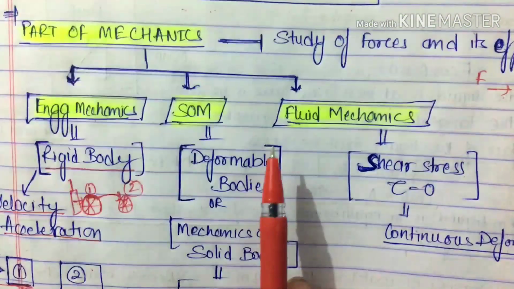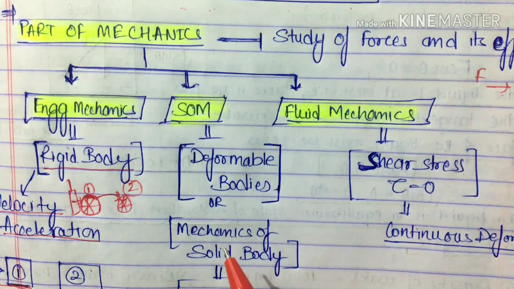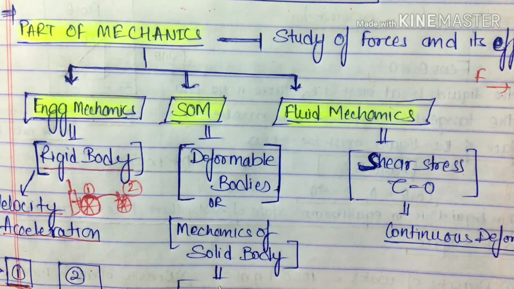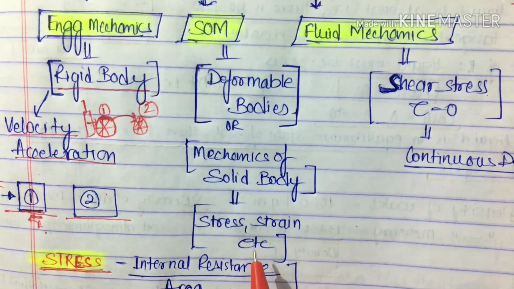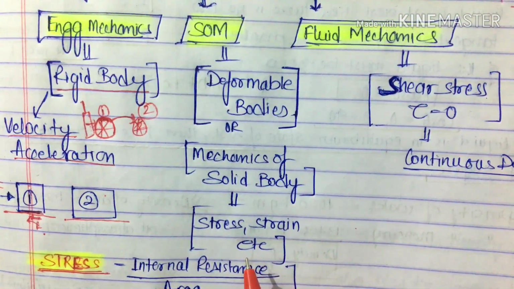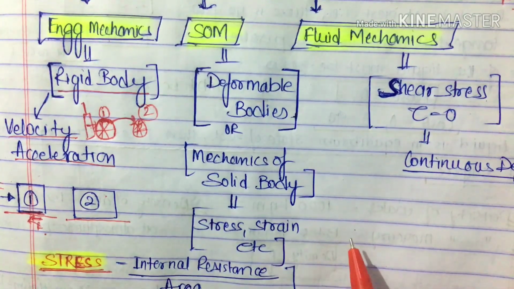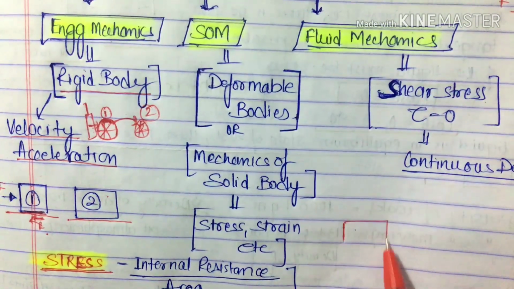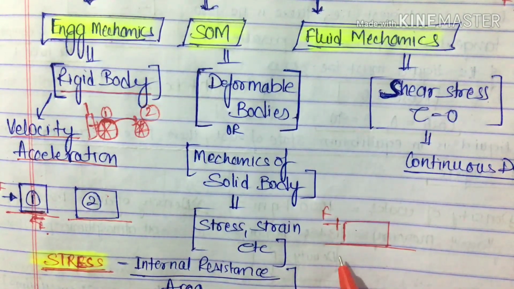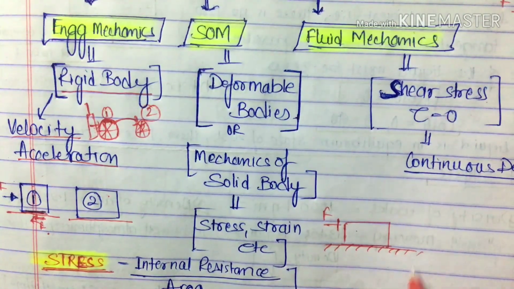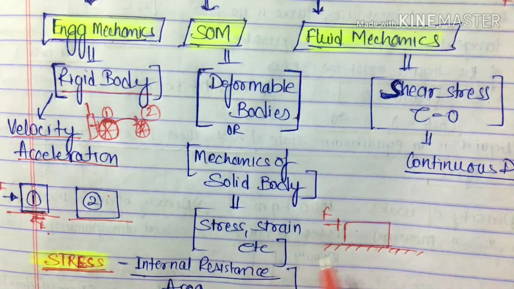Now the second one is SOM. In SOM, we study deformable bodies. It is also known as mechanics of solid bodies. In SOM, what we come across is stress and strain. Suppose there is a body and you apply a force F, and this body is fixed from this side, it is a solid body.